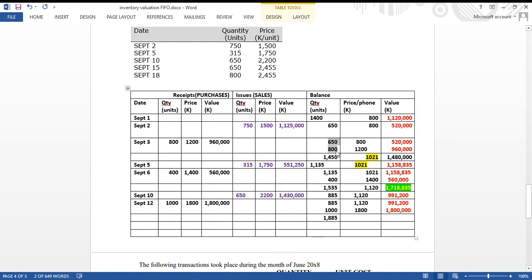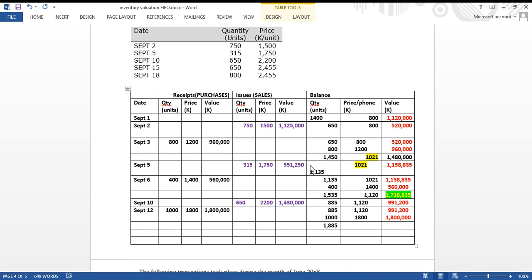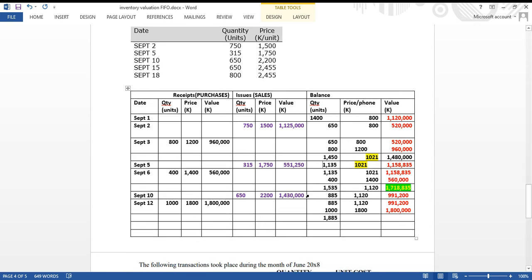So just notice whenever you purchase, that's when you tabulate the average. When you sell, you just deduct, and that is all.